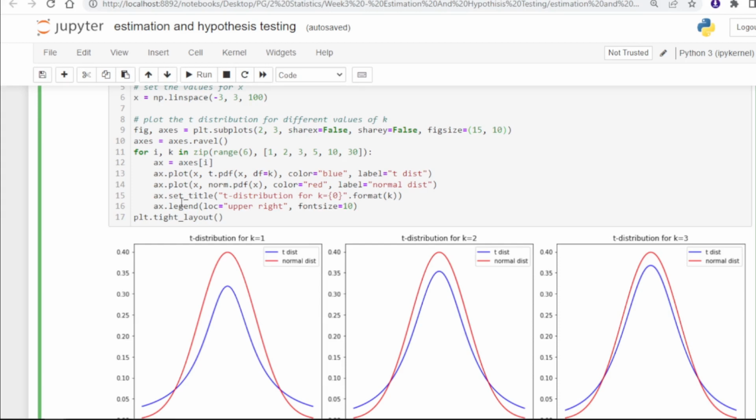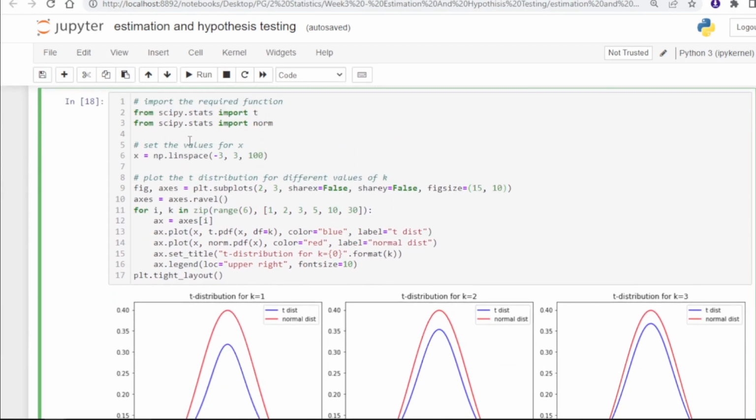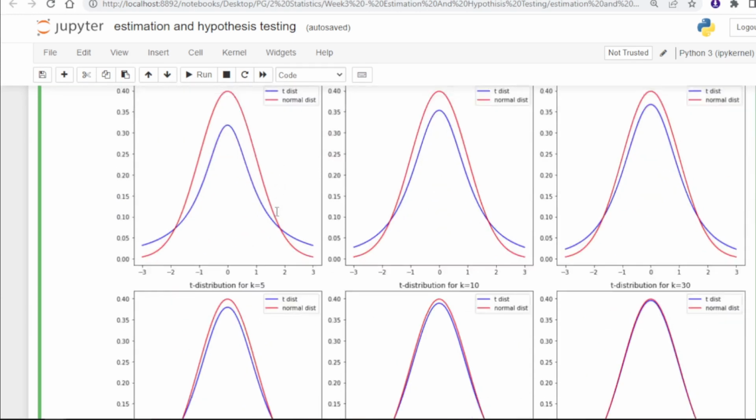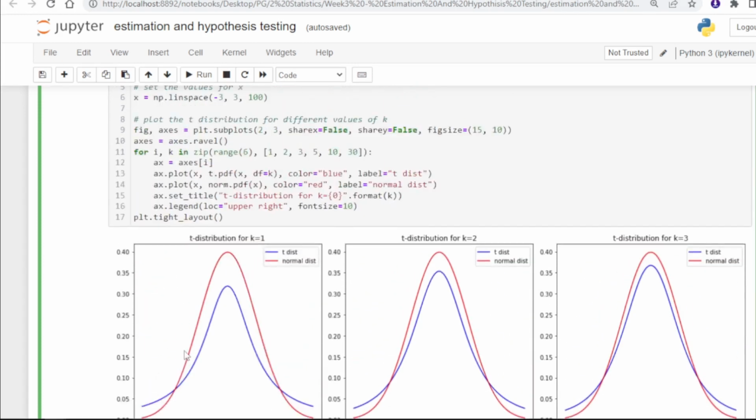T is again from stats. The probability density function will be for this k and similarly for this x. So here you can see that if the color is red, that is the probability density function for our k values, and the other is the normal for that x.